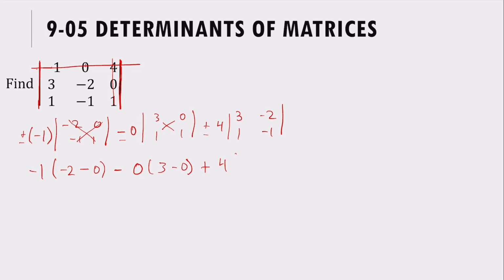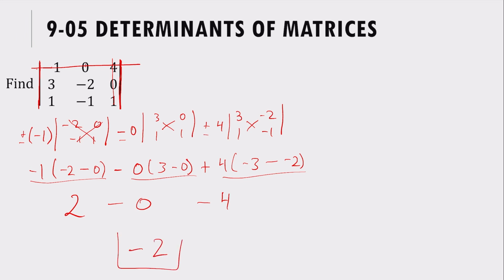Then 4 times negative 3 minus negative 2 times negative 1, so it's 2. That's 0. And that is 4 times negative 1, or negative 4. So it looks like we get negative 2 when we add it all together.